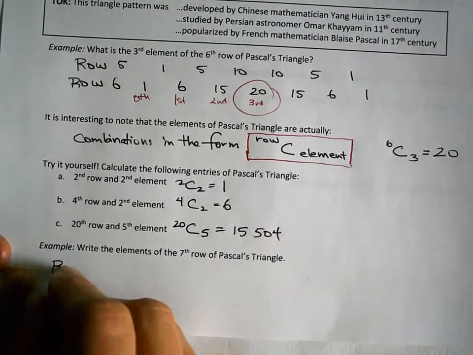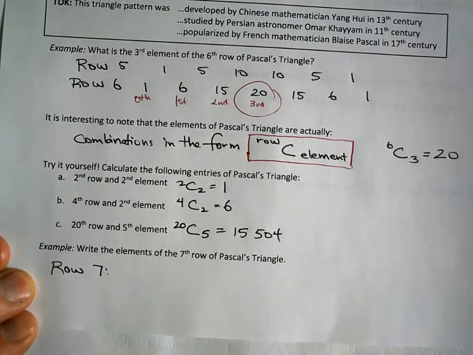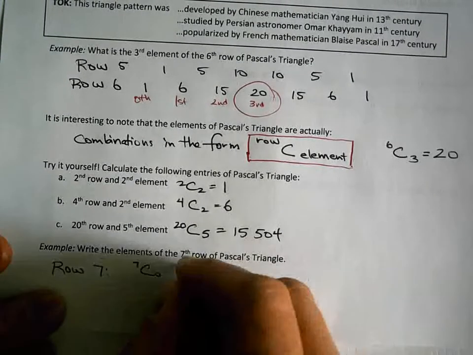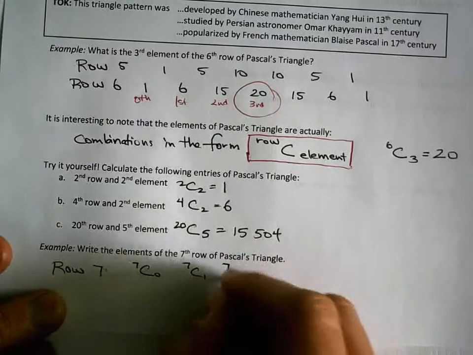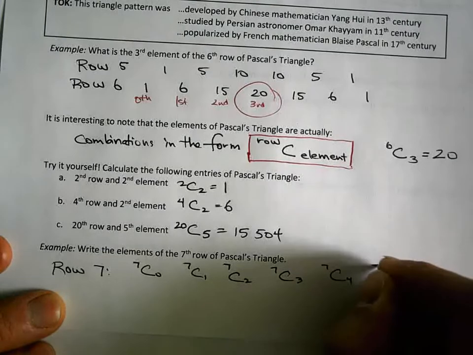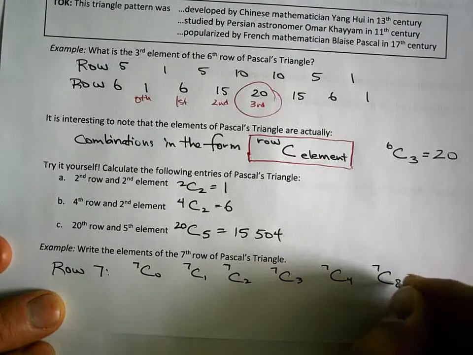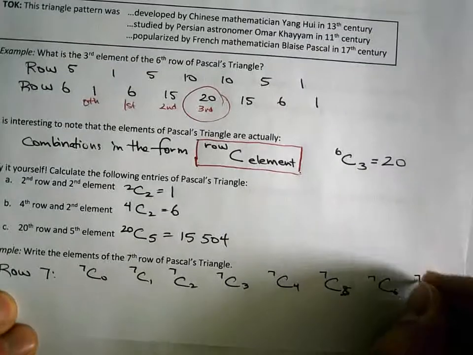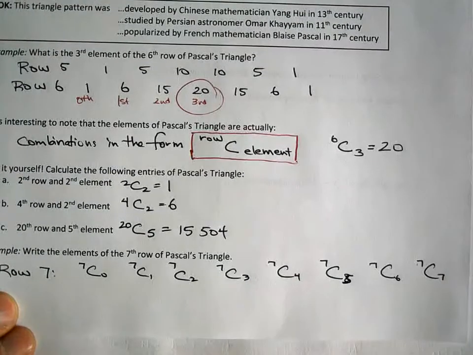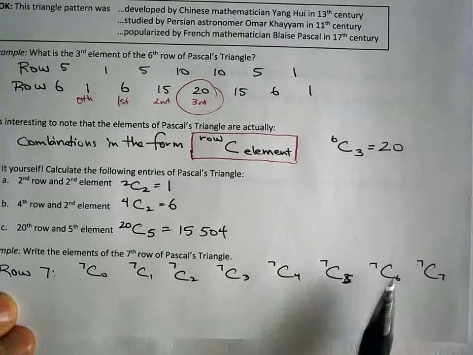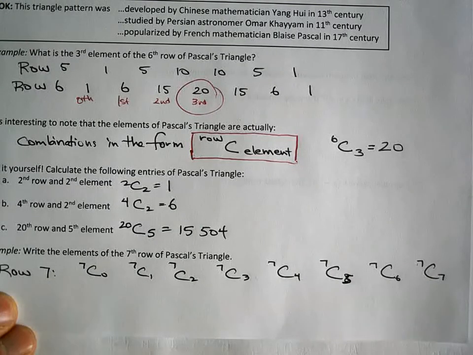However, if you did want to write out Pascal's triangle, it wouldn't be so difficult. For example, for row 7, the first element would be 7, choose 0. Then we have 7, choose 1, 7, choose 2, 7, choose 3, 7, choose 4, 7, choose 5, 7, choose 6, 7, choose 7. And remember, for row 7, there's 1, 2, 3, 4, 5, 6, 7, 8 elements because we start with 0.